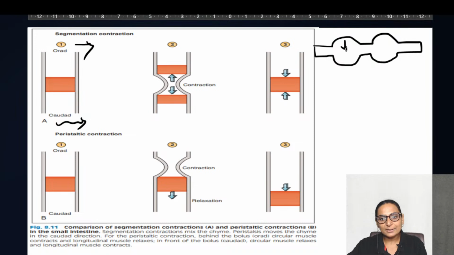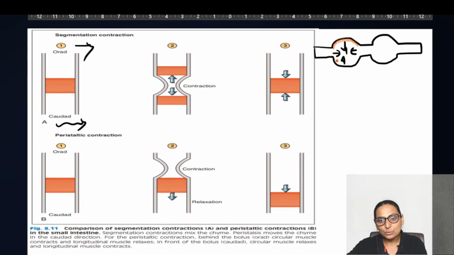You just allowed mixing by causing contractions from either direction without forward movement. So this not only mixes your food but also allows the food to come in contact with the mucosal surface, and this also facilitates absorption. It helps in absorption as well.